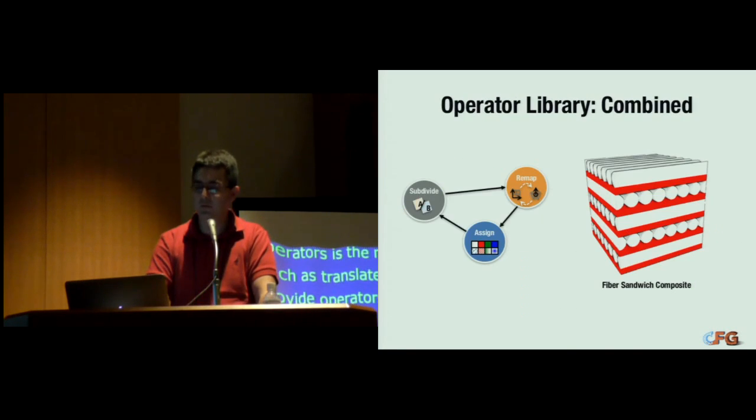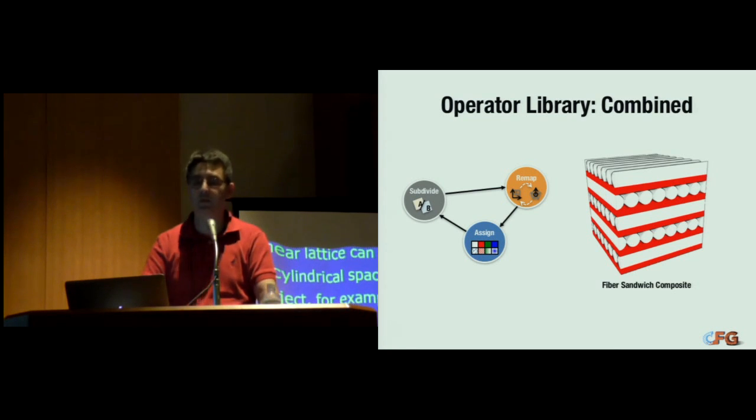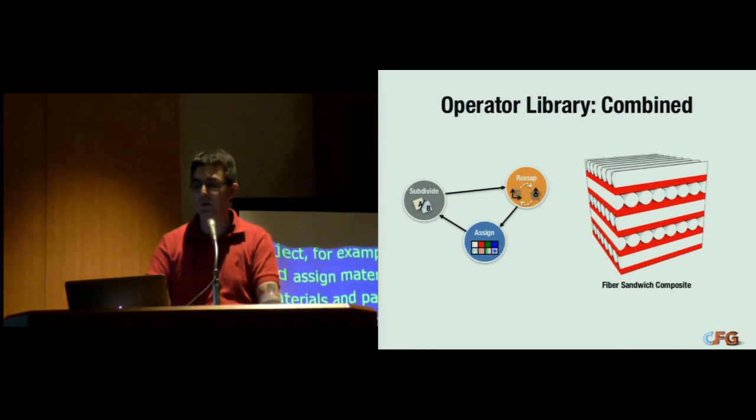Sometimes it's convenient to combine these three classifications into a single operator. For example, this fiber sandwich composite operator can be seen as a meta operator that actually includes all three of these characteristics in one operator. So, for example, this operator subdivides the space in a planar fashion to create the sandwich of layers.